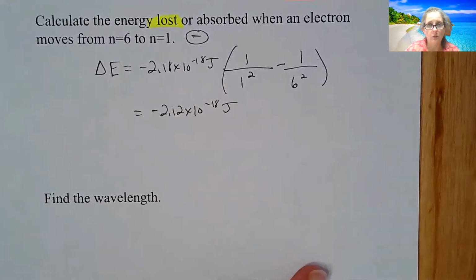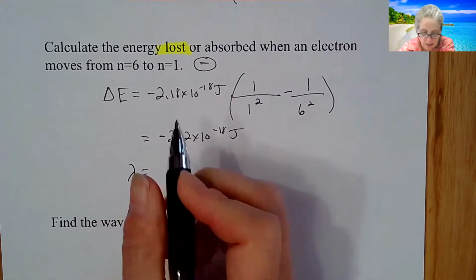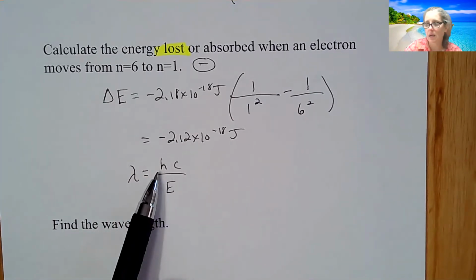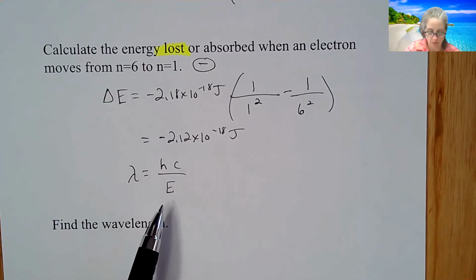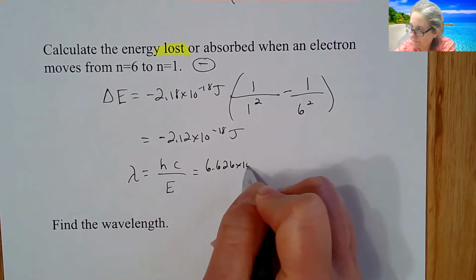So I could find the wavelength for this energy. Wavelength is going to be equal to, we did this in a previous set of problems, Planck's constant times the speed of light over energy. So I could do that very easily.